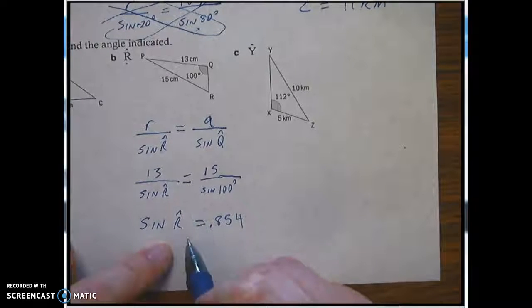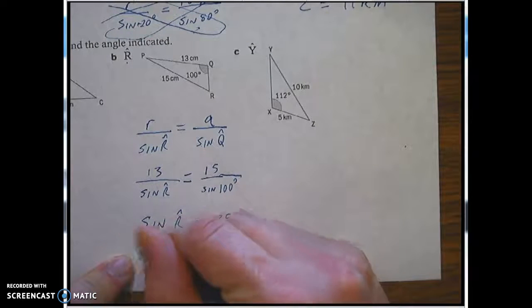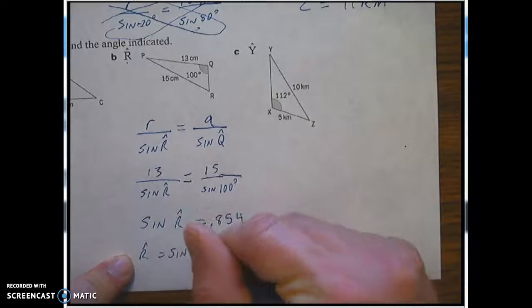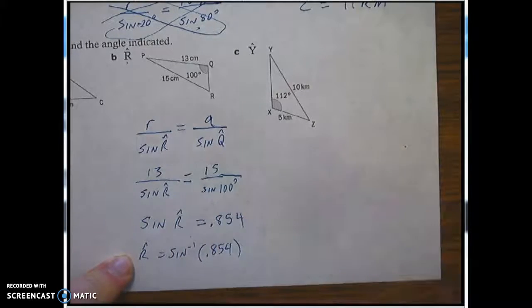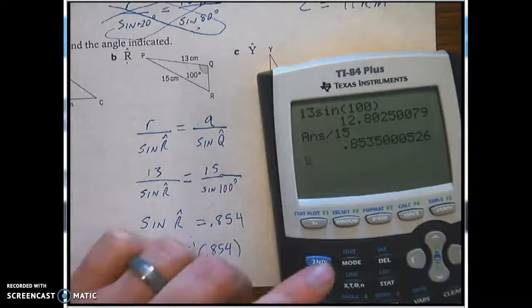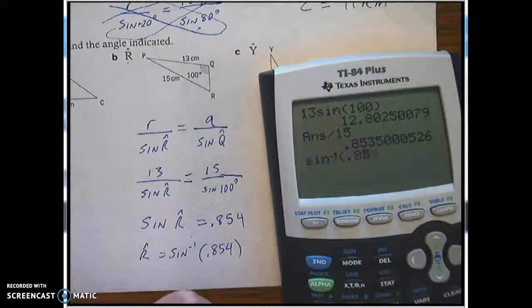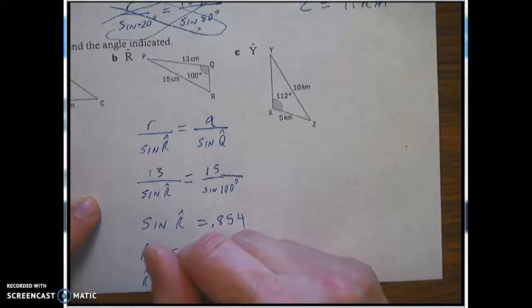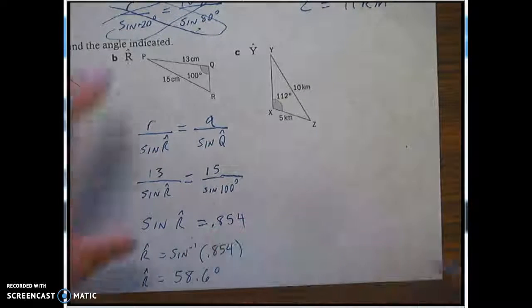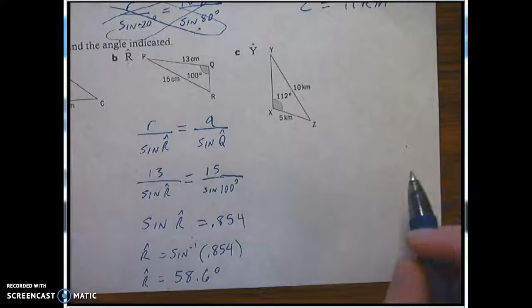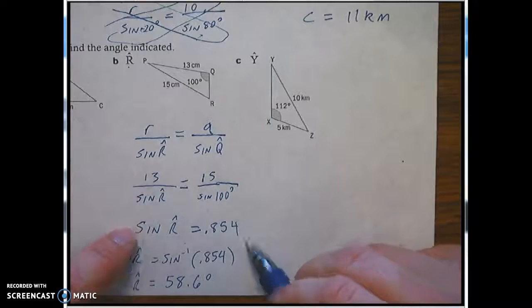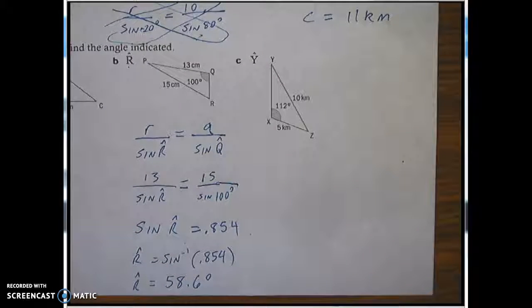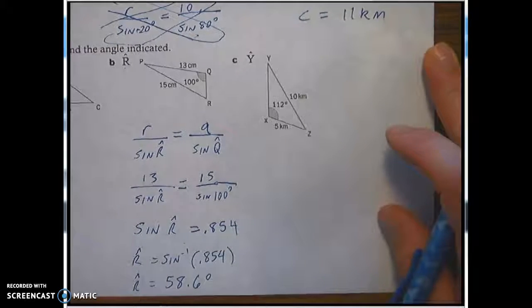So to get angle R, there's the extra step of doing the sine inverse of 0.854. In my calculator, I'm going to do second sine of 0.854. That's going to give me 58.6 degrees. So angle R is 58.6 degrees. It's the same: we're still cross multiplying, but after we cross multiply, we have to do the sine inverse of whatever we get. So let's do that one more time.